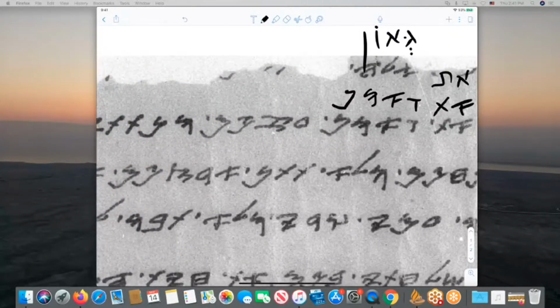We have a dot for a word divider, an ayin. An ayin is just like a little, sometimes I write more of a little loop, but you can kind of see it goes like that. Ayin. Now here's another neat rare letter, a zayin. It looks like a little sled in front of a sled.